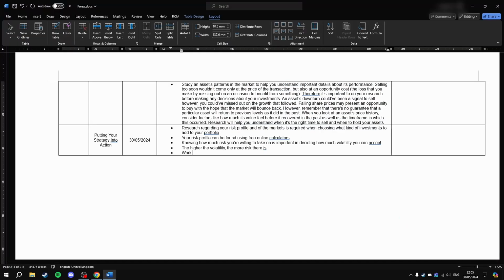So, work out which investments will give you the returns you need.